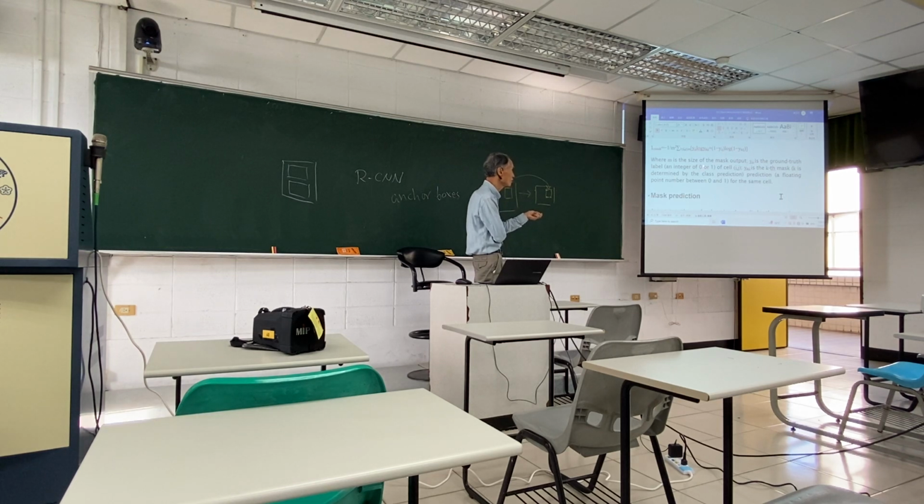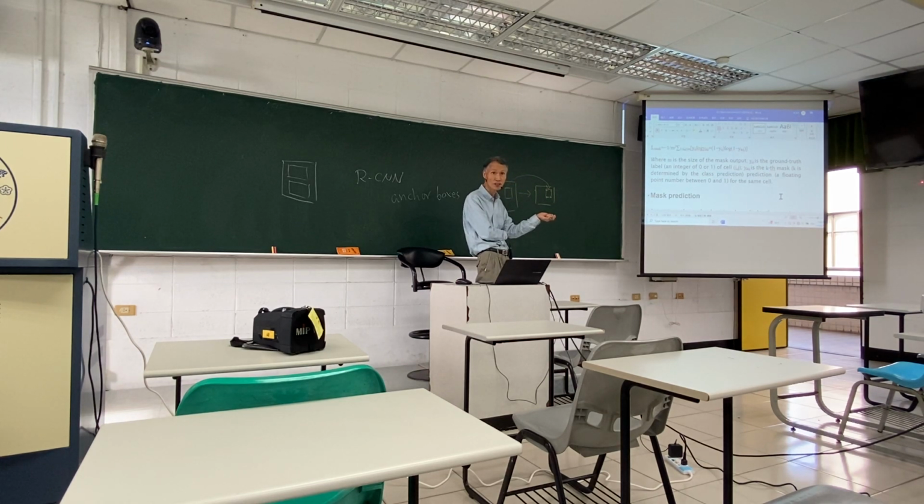The value is either 0 or 1. 1 is the pixel value for the target object. Ykij is the case where K is the class that the model predicts, and ij is the corresponding pixel.